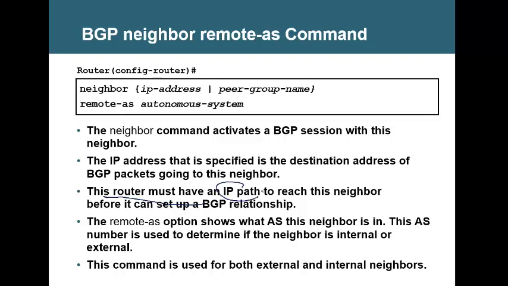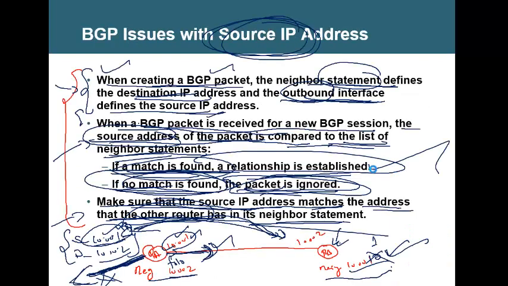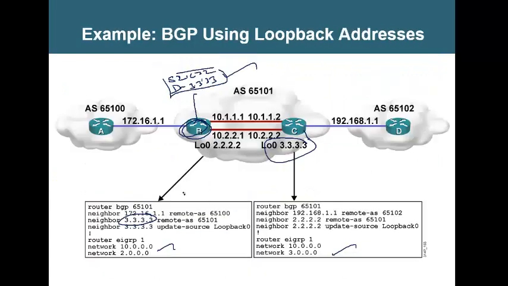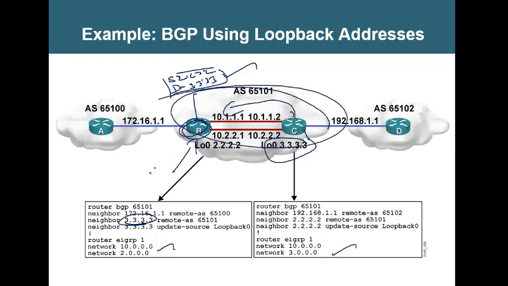So when you say your neighbor address is 3.3.3.3, there should be an IP path for B. B should know how to reach 3.3.3.3. For that you need some protocol to advertise 3.3.3.3. That's why we use OSPF or EIGRP. Now once you know the route, then BGP can use the route to negotiate and form the BGP neighbor.